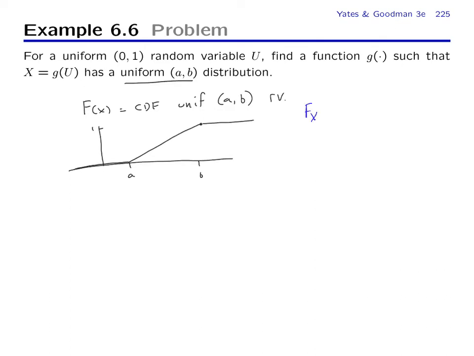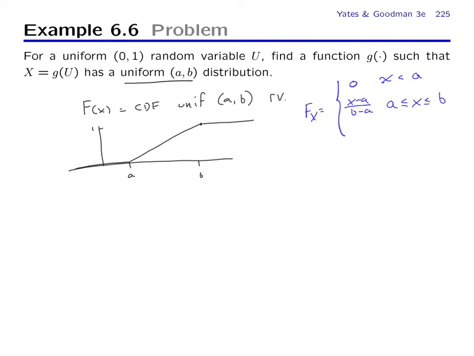Algebraically, we have that F of x is equal to 0 for x less than a, and it's equal to x minus a over b minus a for x's between a and b.